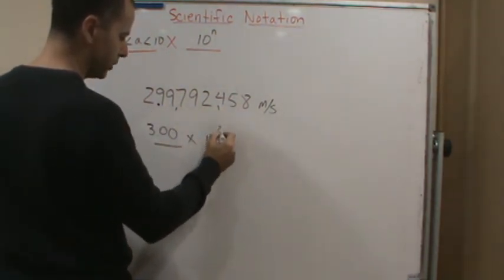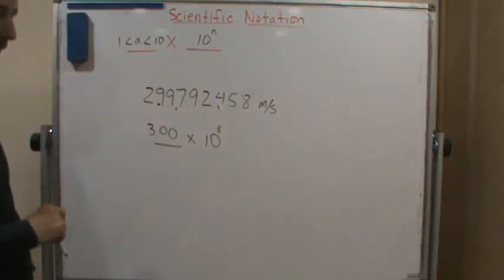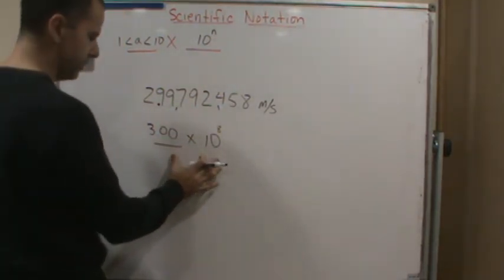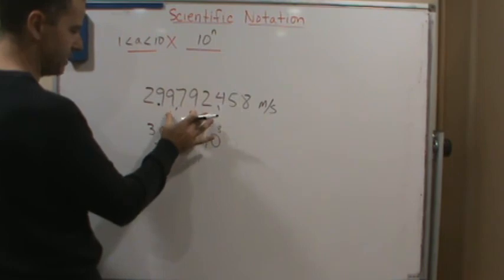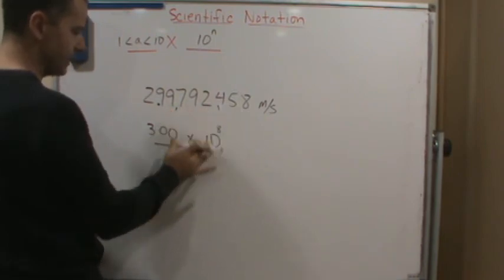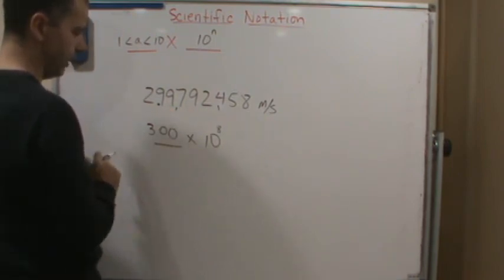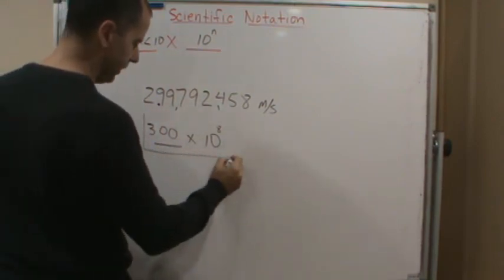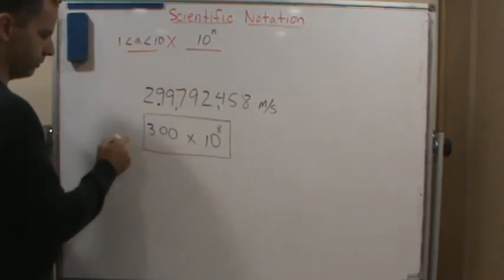So I'm going to multiply by 10 to the positive 8. Now this number is the same as the rounded number, but in scientific notation.